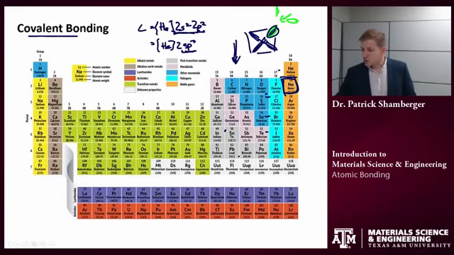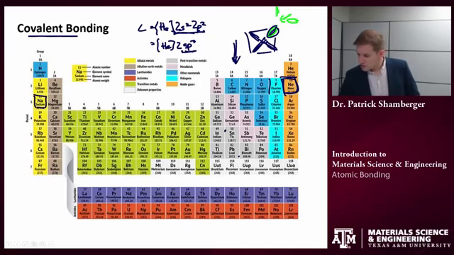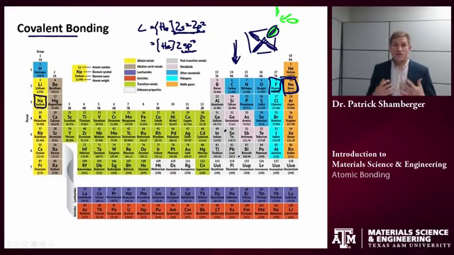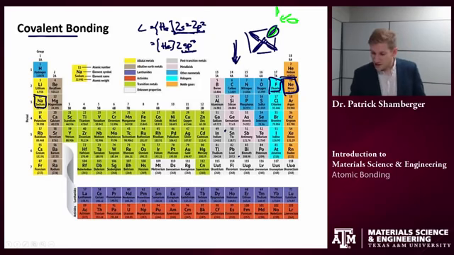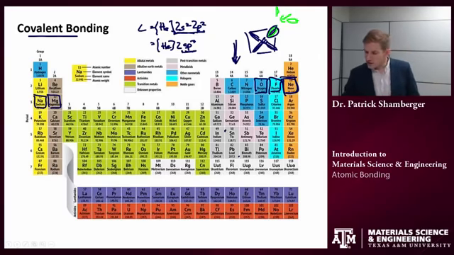I could get gradations also between covalent and ionic solids. So if I think about something like sodium fluoride, that would be a very ionic solid. But as I move over, magnesium oxide, it's also very ionic, but a little bit more covalent.